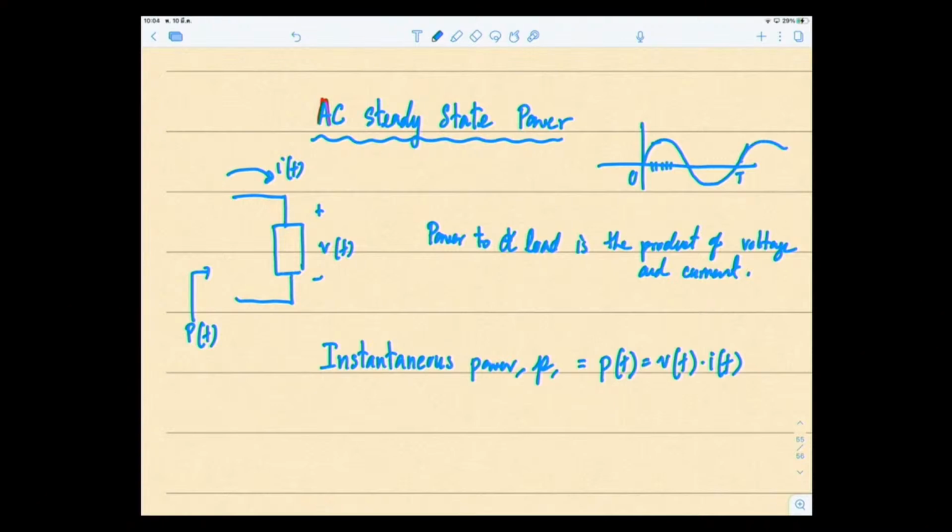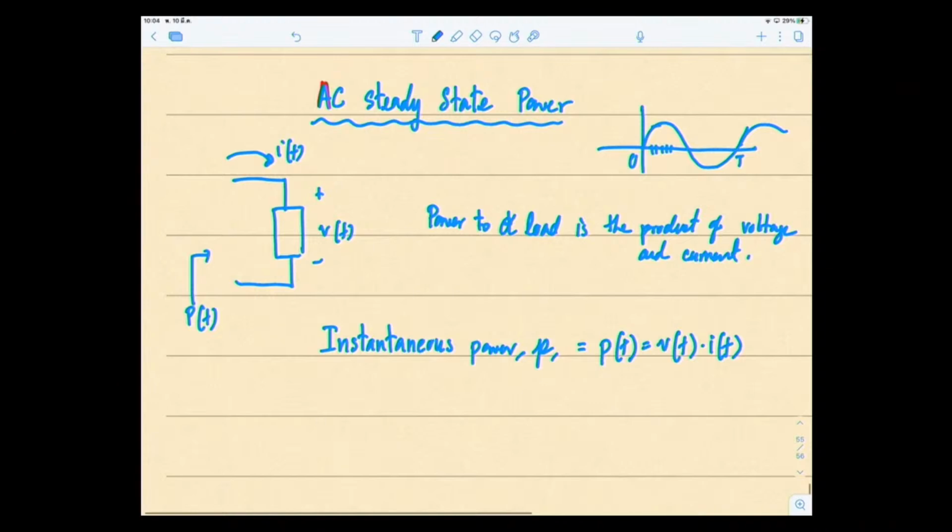If the product of your voltage and current turns out to be a positive value, it means that the power is transferred from the source to the load.